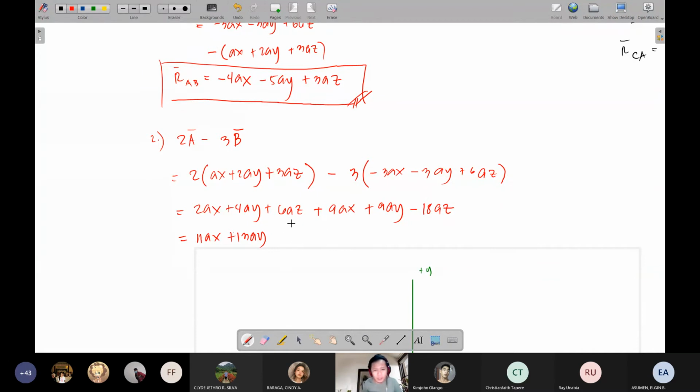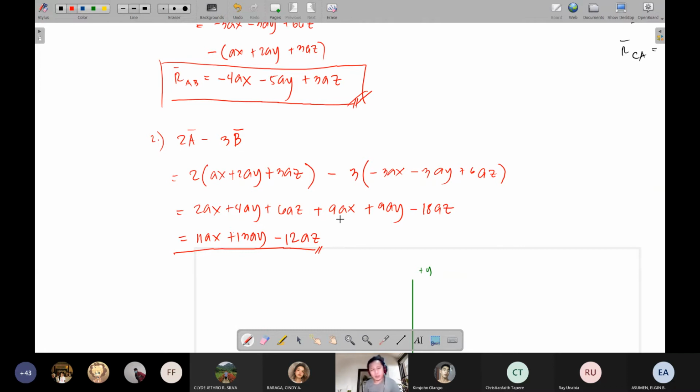And then for az, you have 6az and negative 18az. This will be negative 12az. So you have 11 ax, 13 ay, and negative 12 az. Is that right? Okay, so that is for number 2.